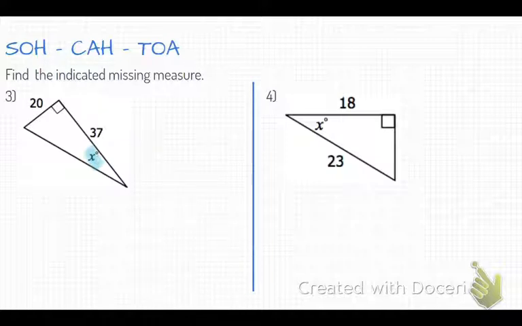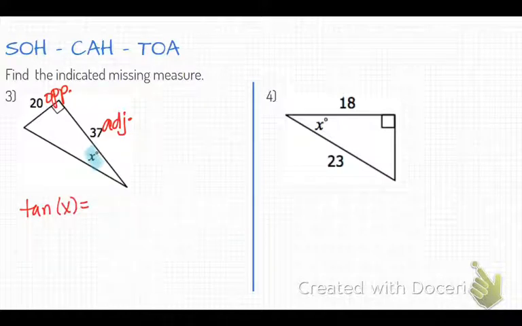What is it? Adjacent. Good, it's right next to it. And what about 20? So if I have opposite and adjacent, which trig ratio is that? Tangent. Good. So I have tangent x equals opposite over adjacent.